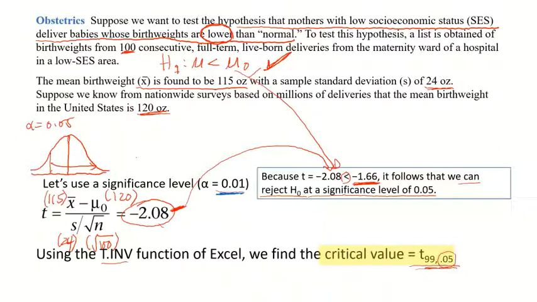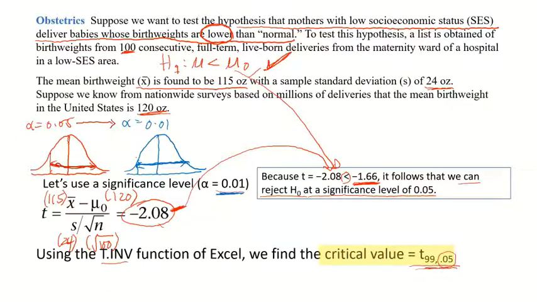But when alpha has been reduced to 0.01, the confidence interval becomes wider. Now look at this, this is a wider confidence interval as compared to the red one here, because we decreased our alpha from 0.05 to 0.01.